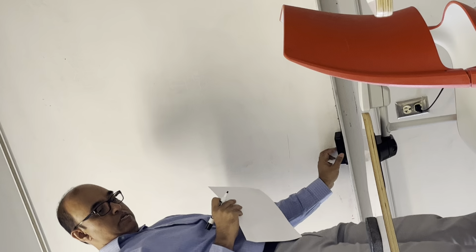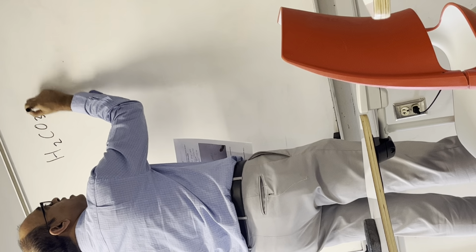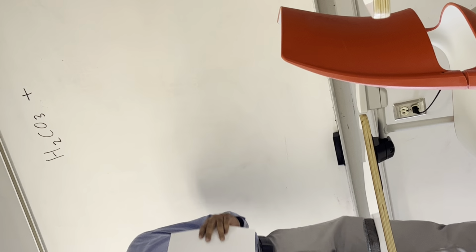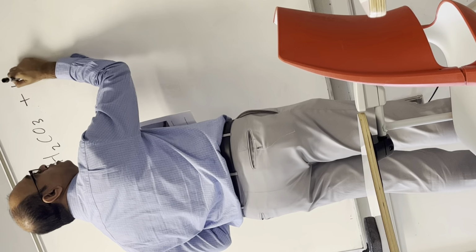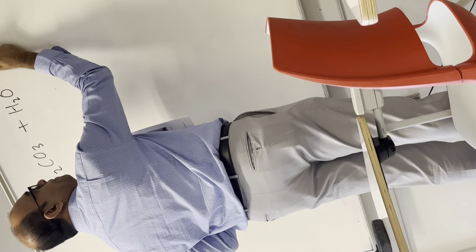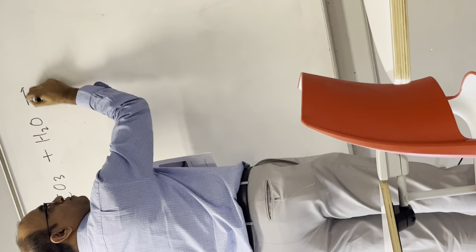So the way it works is H2CO3. Tell me, guys, how are you writing the equation? Then what? H2O, good, and then H3O plus. This is the weak acid, so you have to write it like that.